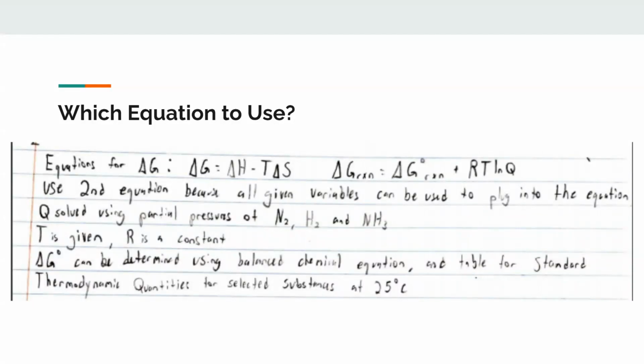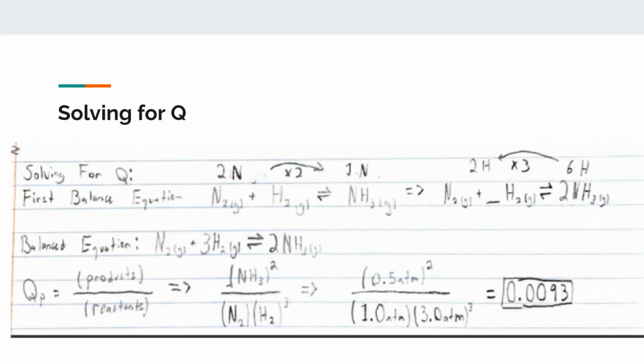So Q can be solved for using the partial pressures given to us of nitrogen, hydrogen, and ammonia. The temperature is given, R is a constant, and delta G at standard conditions can be determined using a balanced version of the chemical equation and the textbook table for standard thermodynamic quantities for selected substances at 25 degrees Celsius.